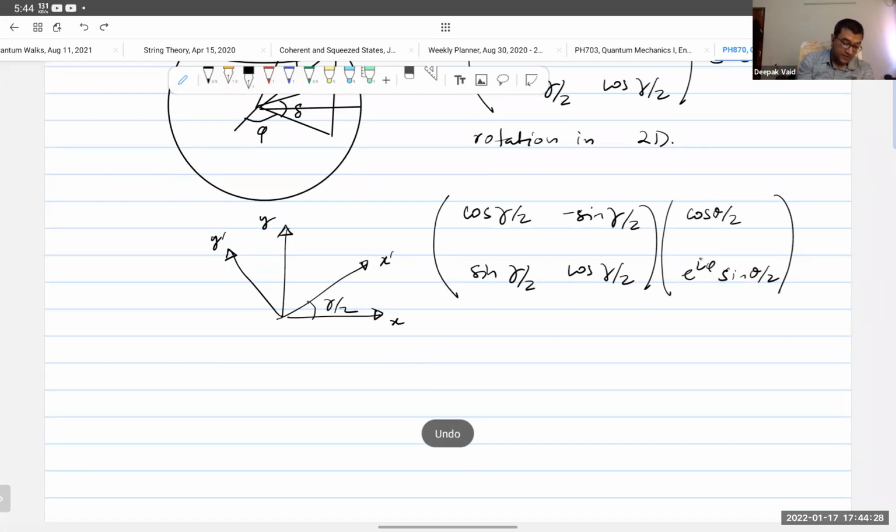I'll leave this as an exercise for you: plot the result on the Bloch sphere.